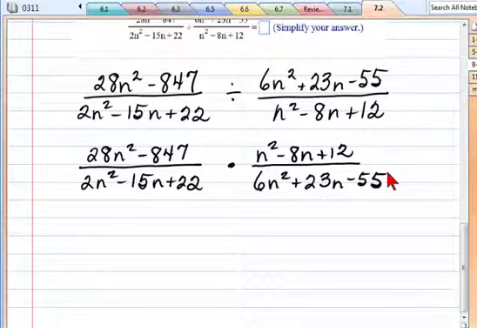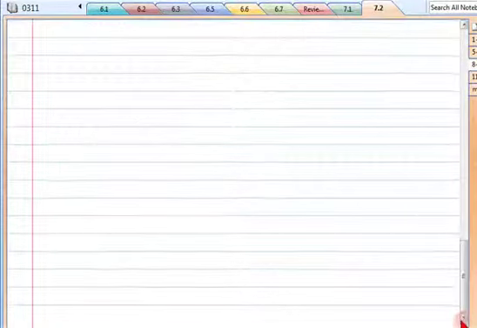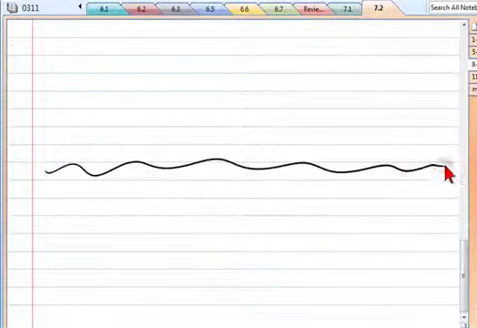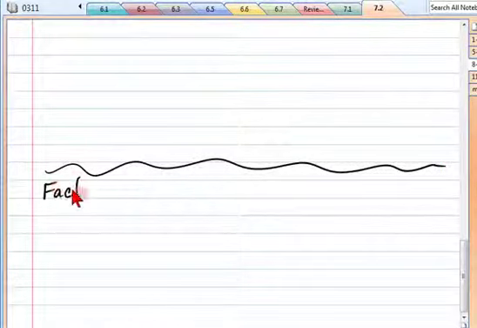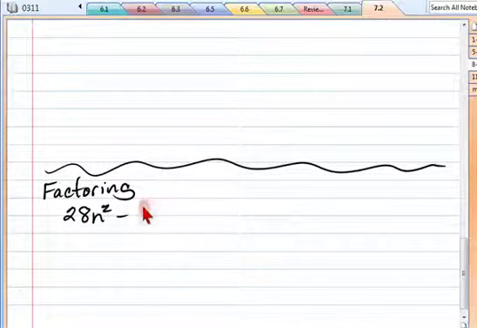Now something I'd like to do is that this looks like quite a bit of factoring. Agreed? I'm going to go off completely down here and just write out my factoring. The first one is 28n squared minus 847.